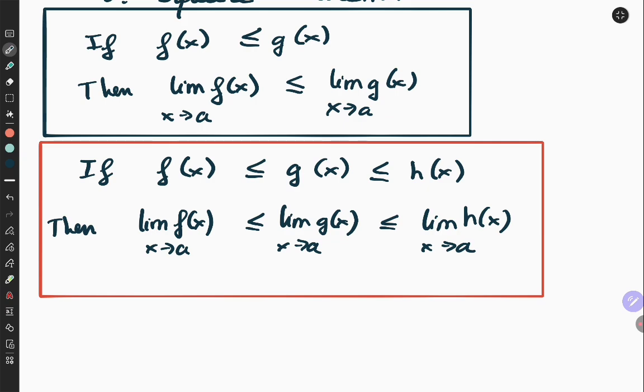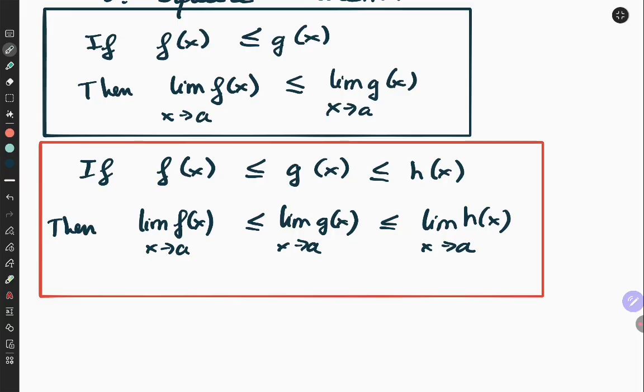If you have a function that's greater than one function, and less than another one, why do we use it? Sometimes the function in the middle looks complicated, extremely hard to find a limit for, a huge, nasty, ugly function.